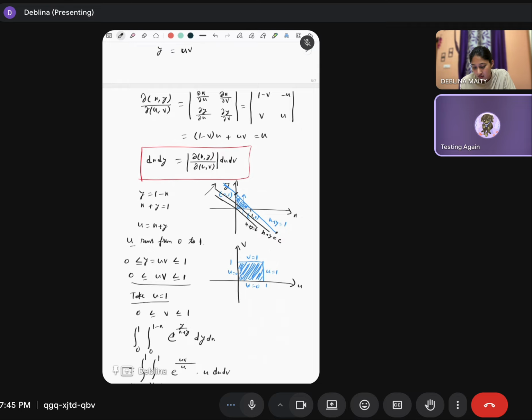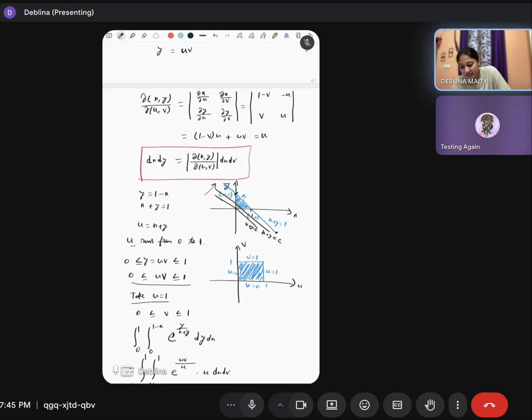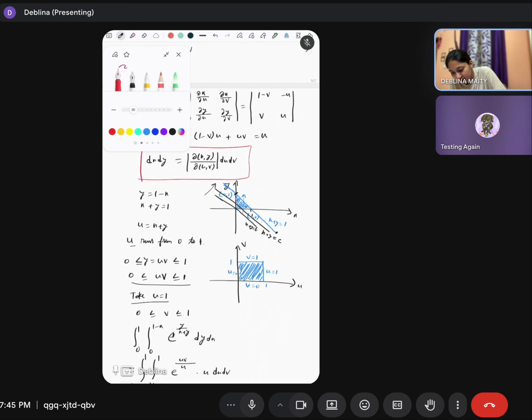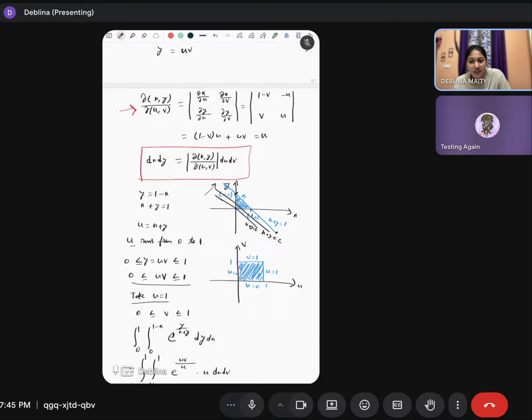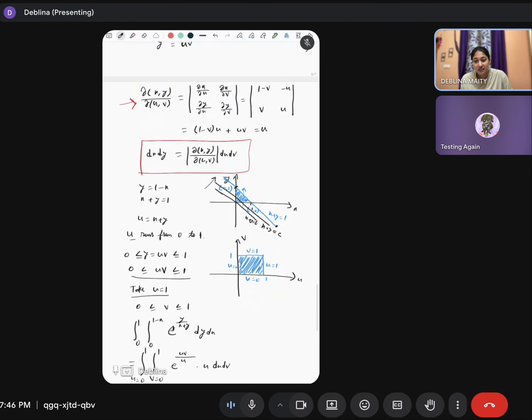Yes. If we take the matrix with del y del u, del y del v, del x del u and del x del v on top, swapping rows will give a minus sign. But since we are taking the determinant as a modulus value, it will be the same value in the integration. This comes from the change of matrix.